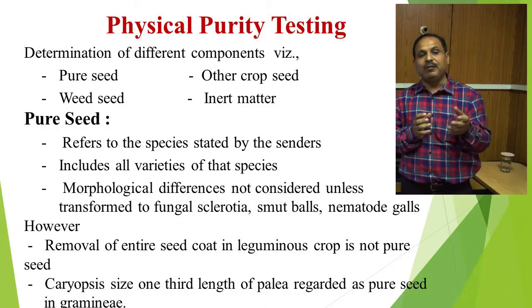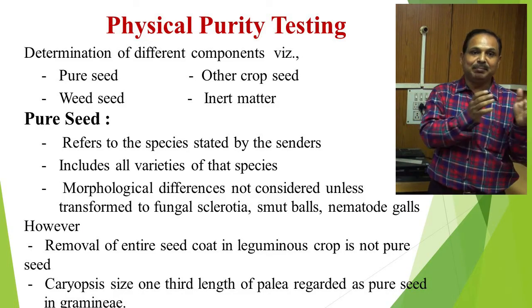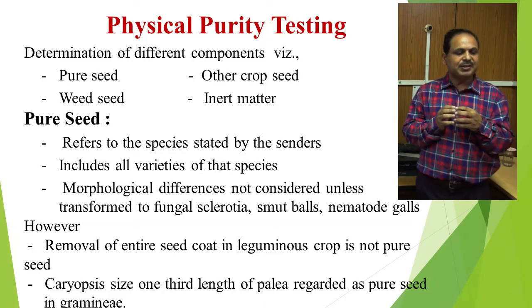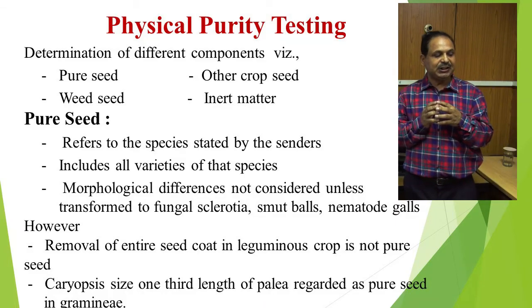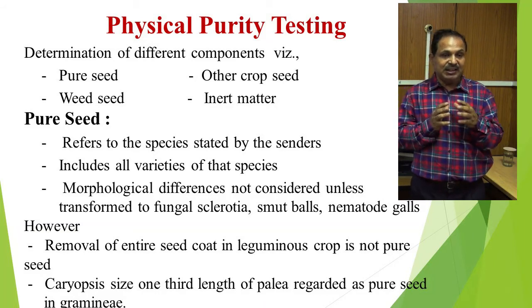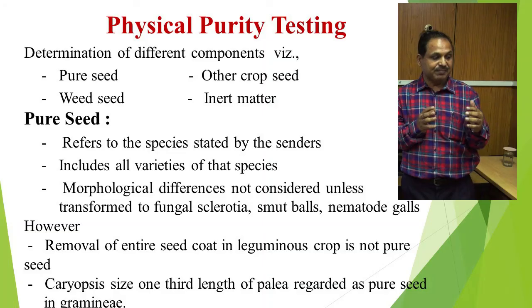It includes all varieties of that species. If there is a mixture of varieties, these differences are not considered, unless it is transformed to fungal sclerotia, smut balls, and nematode galls. If these conditions are present, they are not subjected to pure seeds.